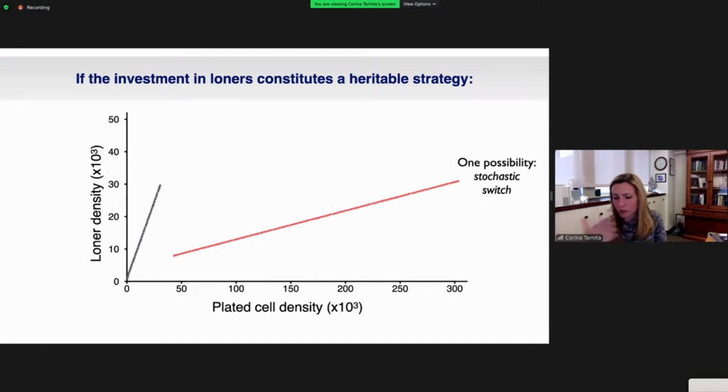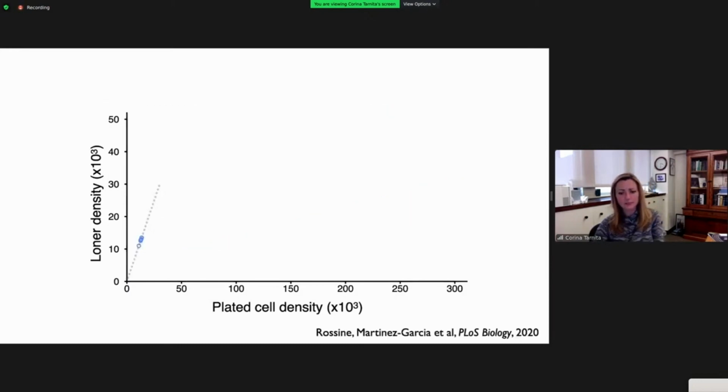And so therefore we would expect a linear relationship between the loner density and the plated cell density. As Fernando did the experiments, he confirmed that first portion of the plot.